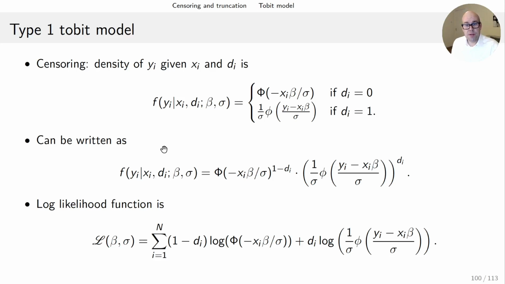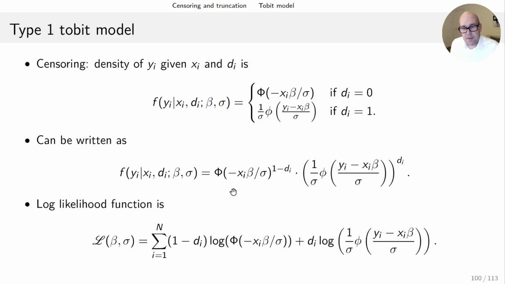This can in turn be rewritten as one expression where I simply use that CDF to the power 1 minus di. So when di is equal to 0, then it will pick this part of the density, and this part here will be equal to 1, because something to the power 0 will be 1, so it will pick this part.